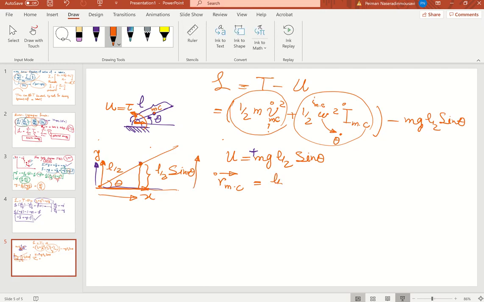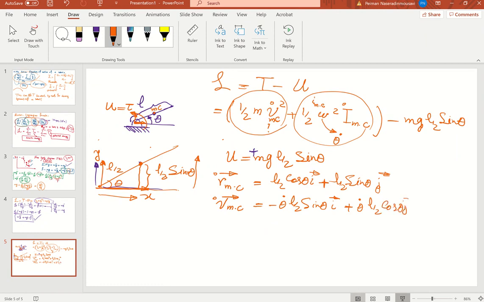This vector is L over 2 cosine theta in the i direction plus L over 2 sine theta in the j direction. So the velocity of MC, the mass center, with respect to the base coordinate system is gonna be minus theta dot L over 2 sine theta i plus theta dot L over 2 cosine theta j.